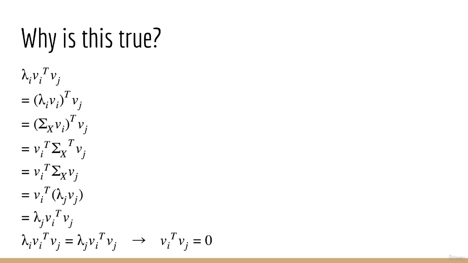But how can this be? Remember that lambda i and lambda j are different. If they were the same, then they would have the same eigenvectors as well. So the only way that these two expressions can be equal is if the dot product between v sub i and v sub j is 0. And therefore, v sub i and v sub j are orthogonal.